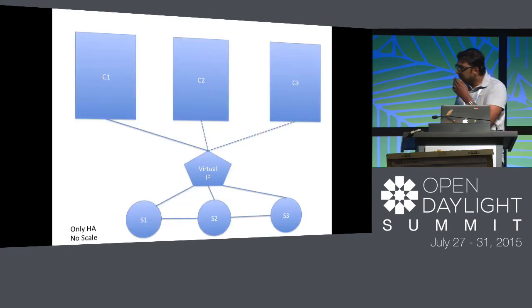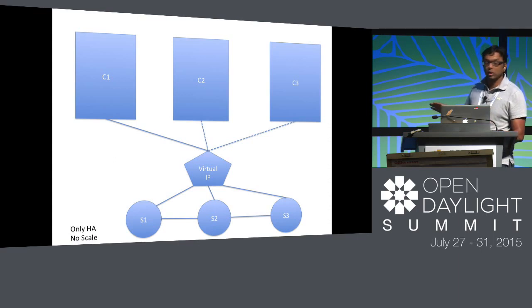Roughly, when we didn't have OpenFlow clustering, this is what some people did to achieve HA at least. But there's no scale here. You have a set of switches and a bunch of controllers, and you can have a virtual IP, or VIP, to which you connect to one of the controllers, and if suppose C1 dies, then the VIP moves to C2, and that's the way you can achieve HA.